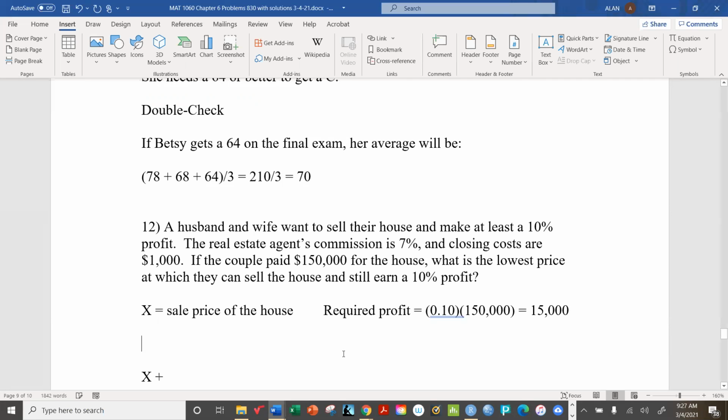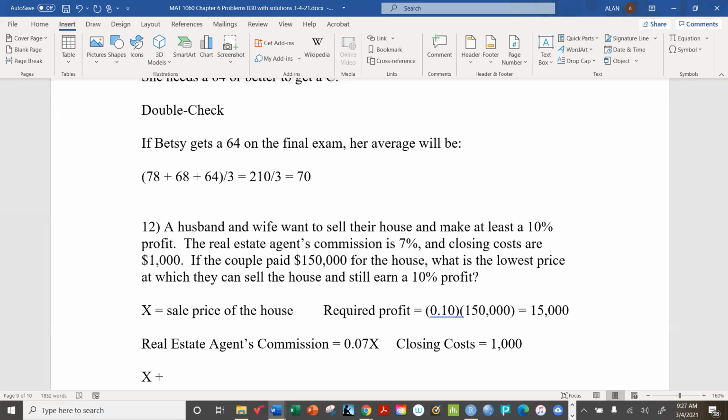Okay, so real estate commission is based on the current sale price. So that's 7% of X, and closing costs are 1,000. All right, now we're getting somewhere.